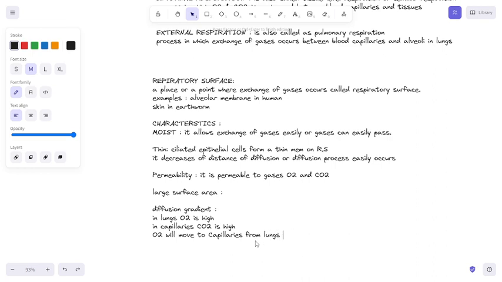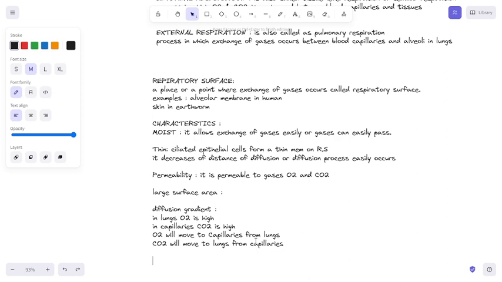The same occurs with carbon dioxide. CO2 will move to the lungs from the capillaries, because its concentration is high in the capillaries and low in the lungs, so from high concentration to low concentration.